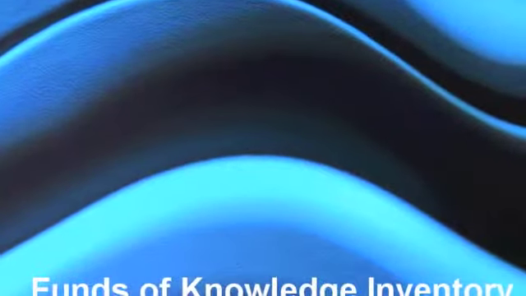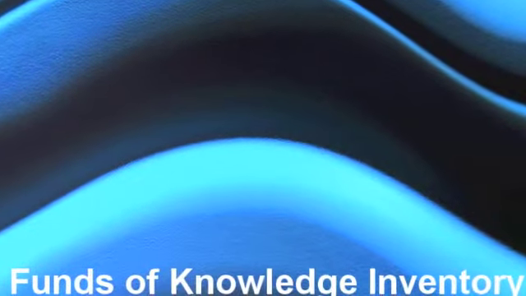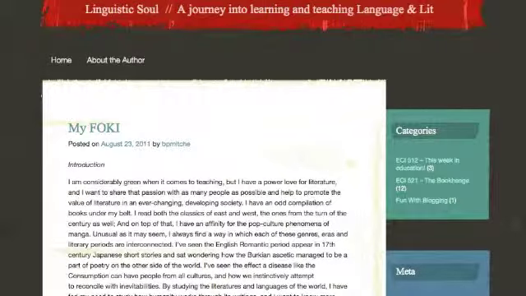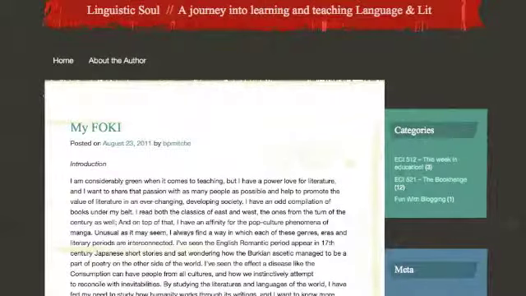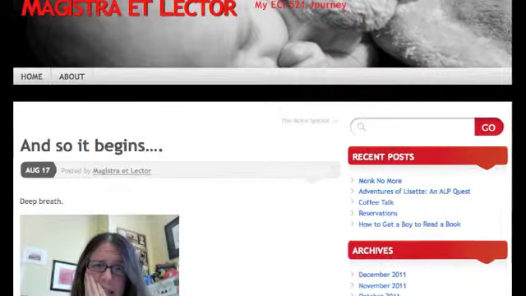Prior to the first big wave, students are introduced to the course goals in which they are to reflect and add their own. I call this a funds of knowledge inventory, with credit to Luis Moll, and their funds of knowledge inventory, or FOCI, is published as a first blog post.